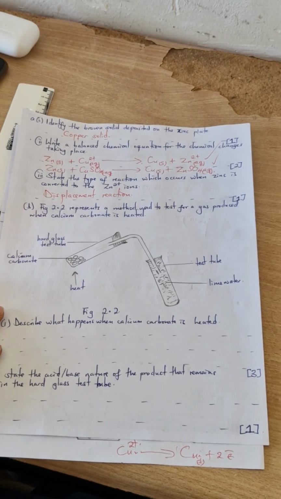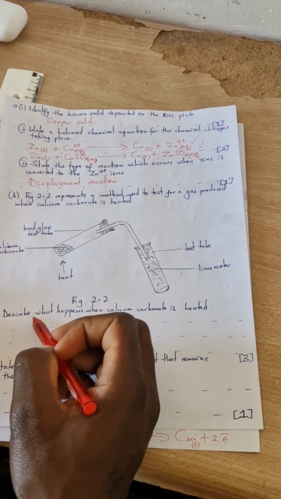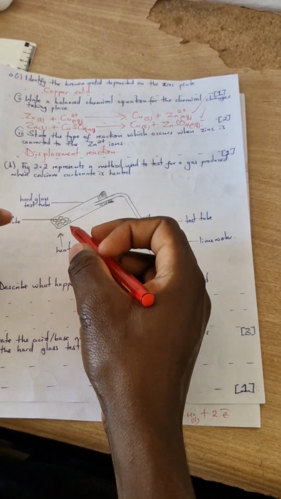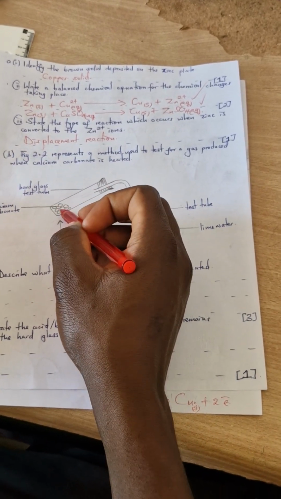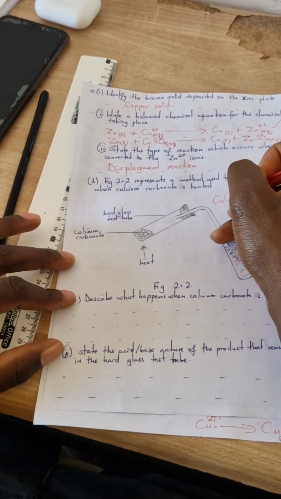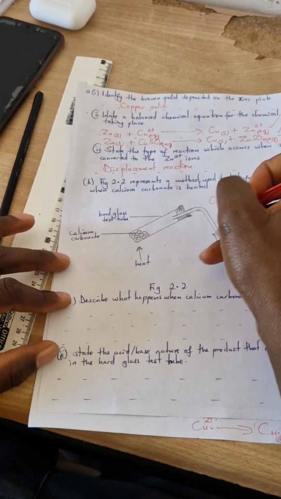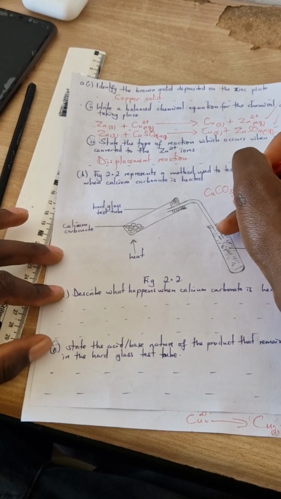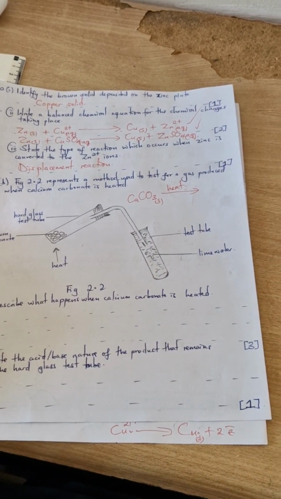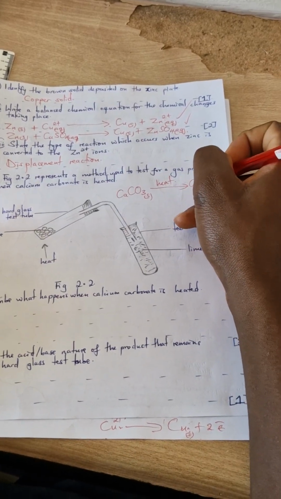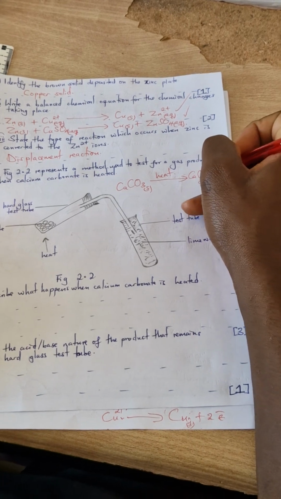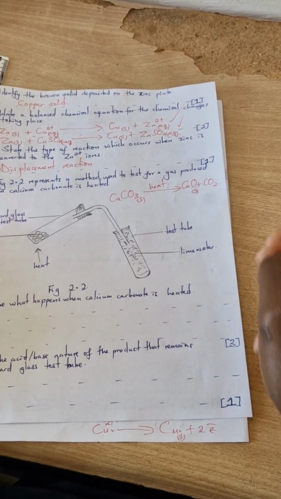So the question is saying, describe what happens when calcium carbonate is heated. So when we heat this calcium carbonate, CaCO3, solid, then we heat, we produce calcium oxide, which is a solid, plus carbon dioxide.